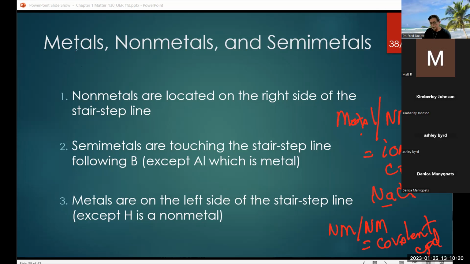That's why it's important to know who's metal, who's non-metal, etc. An example of a covalent compound would be, let's say, H2O. Hydrogen is a non-metal, oxygen is a non-metal, and so that creates what we call a covalent compound. Another name for it you'll see is a molecular compound.